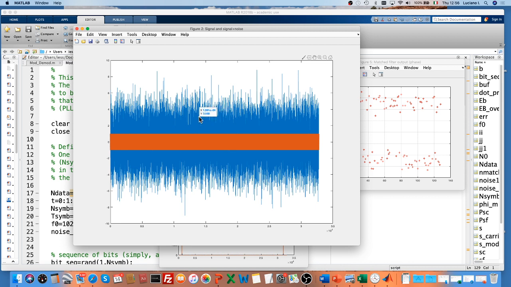So the blue samples are the ones that will be fed into the scalar product and into the demodulator. Let us magnify here a portion of it.